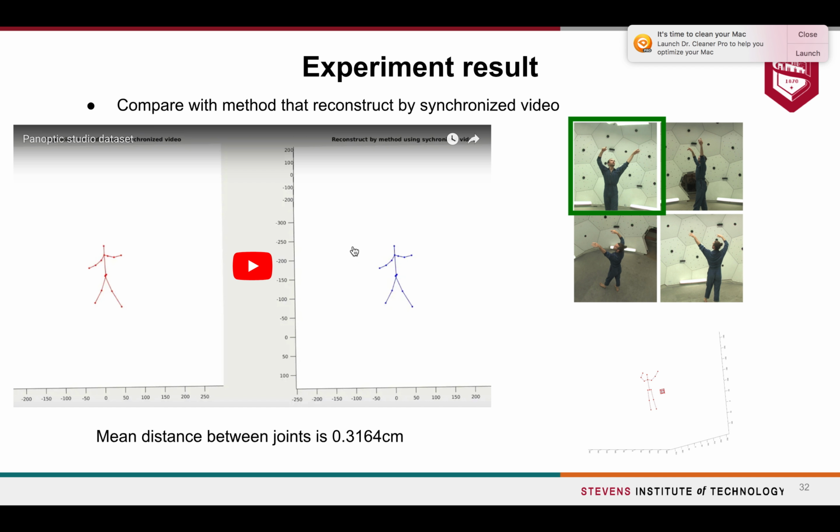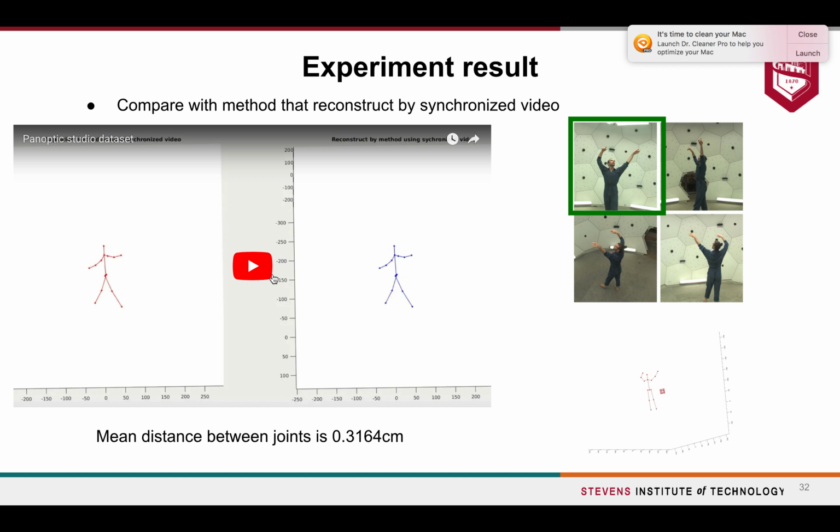Here is some experiment on the real data. We use the dataset from CMU Panoptic Studio, which has multiple synchronous cameras and 2D observations of the joints, and also a 3D structure of the motion based on their method using synchronous video.